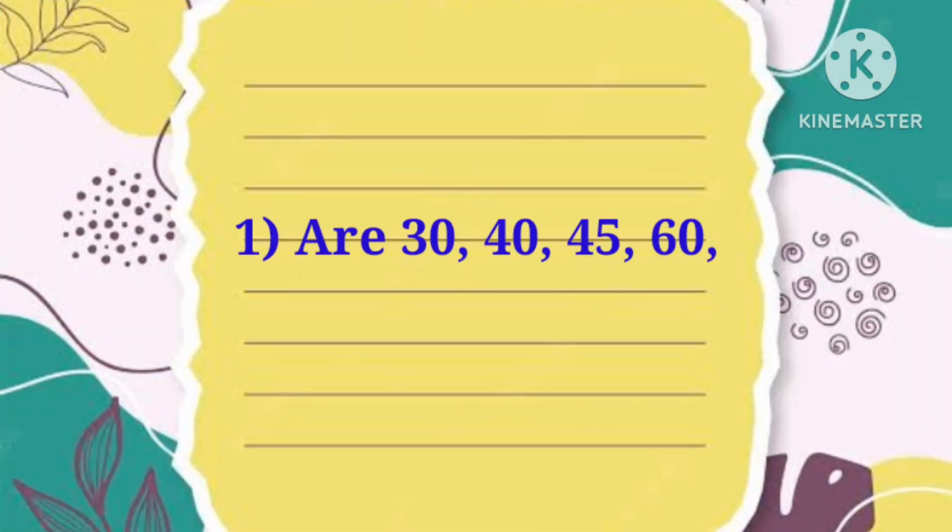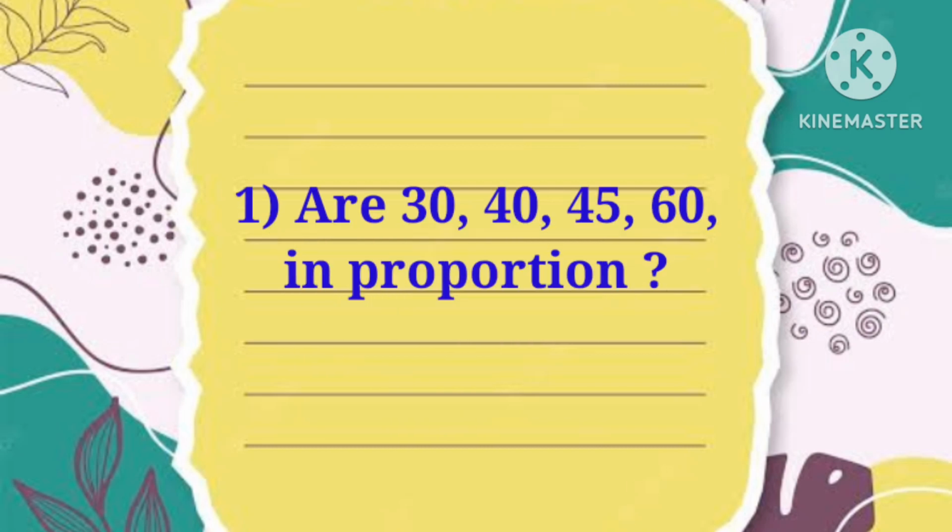In my first example, we have to find out whether 30, 40, 45 and 60 are in proportion or not.